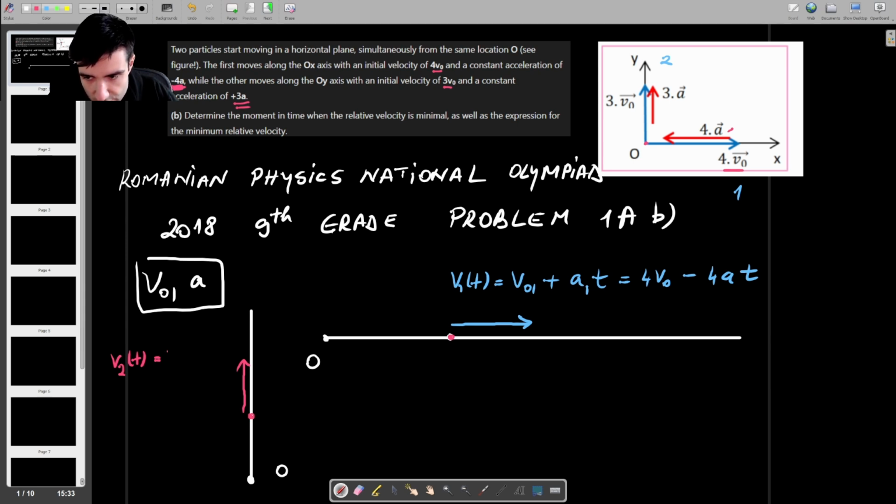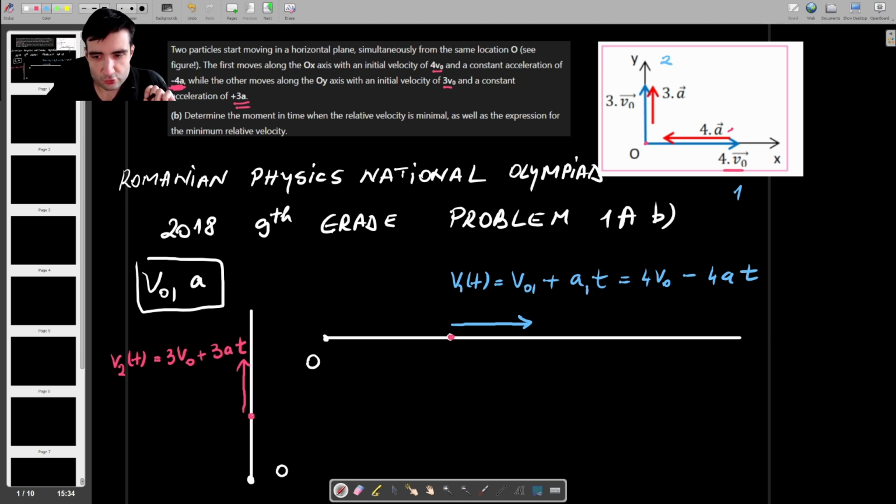This is going to be 3v0 plus 3a multiplied by t. What's going to happen is the velocity of particle 2 will always keep increasing, whereas the velocity of particle 1 will first decrease, then become 0, and then start increasing in the other direction.